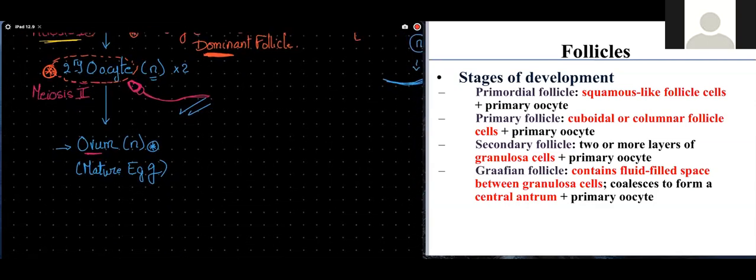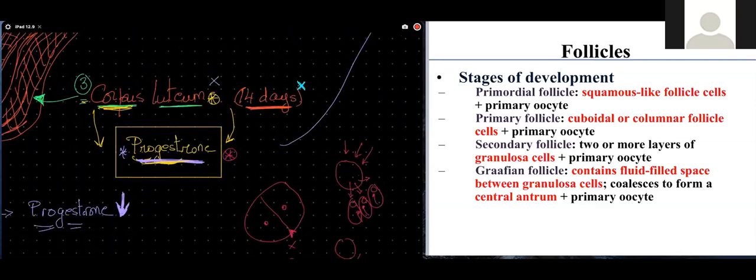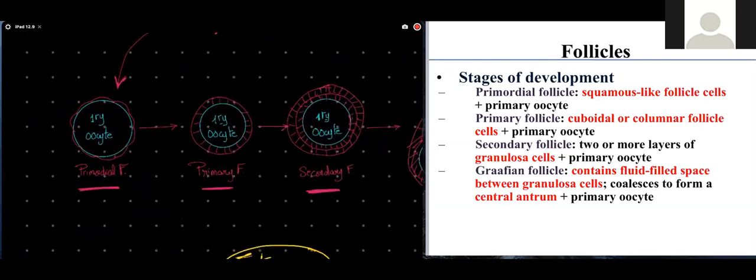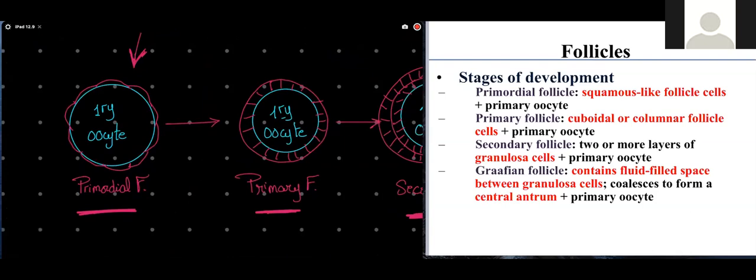Primary oocytes are kept inside a follicle, and they will first be surrounded by one layer of flat cells. So the primary oocyte, along with the one layer of flat cells, is what we call the primordial follicle.